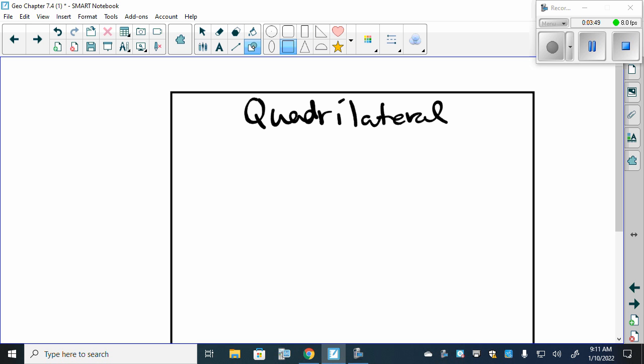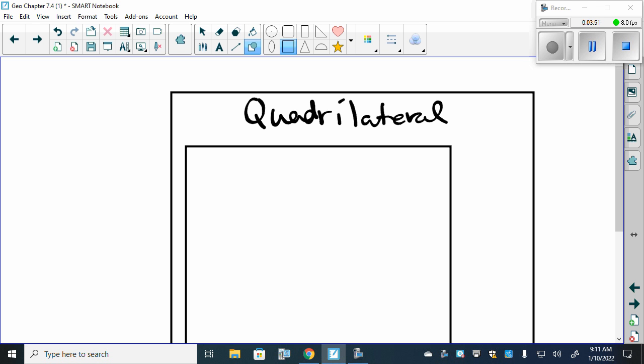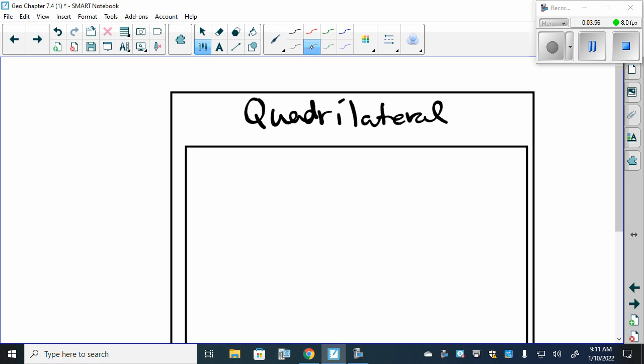Now, more specifically, inside quadrilaterals, as we've gone over, we also have parallelograms. Well, a parallelogram is a what? A quadrilateral with two sets of parallel lines, yes?